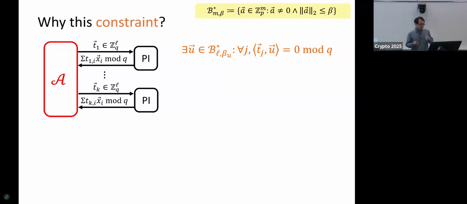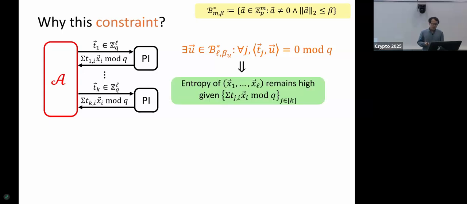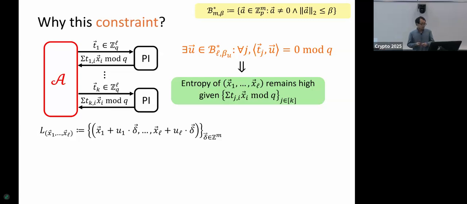Now let's take a closer look at our constraint. One way to understand it is that it implies the entropy of all the x_i's remains high even after seeing all the PI responses. To see this, let's consider the lattice defined for certain x_i's. We can show that all the points on this lattice result in the same PI response.